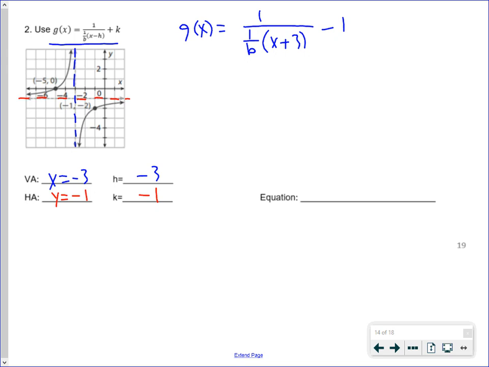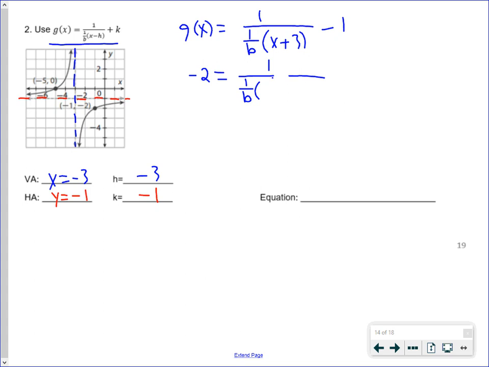I'm going to go with -1, -2. I'm going to plug it into my equation, and we're going to solve for our b. So -2 will equal 1 all over 1 over b, multiplied with -1 plus 3.